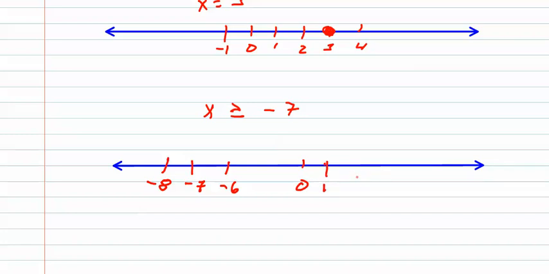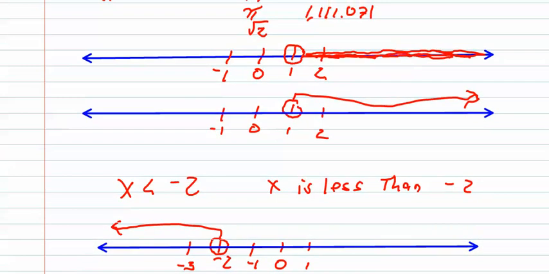We don't need any more numbers than that. I have negative 7, number to the left, number to the right, 0, positive number. Pretty much established that I know what the number line looks like. X is greater, goes to the right. And since it's greater than or equal to, we fill in the circle.